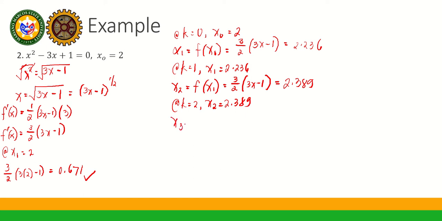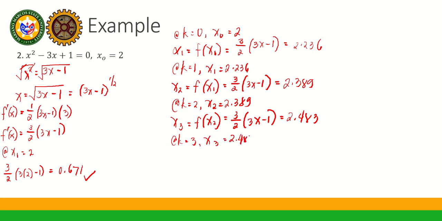So computing for x sub 3, we have f of x sub 2, and this is equal to 3 over 2 times 3x minus 1. Substitute 2.389 dito sa function natin. We will have 2.483. And at k equal to 3, x sub 3 is equal to 2.483.